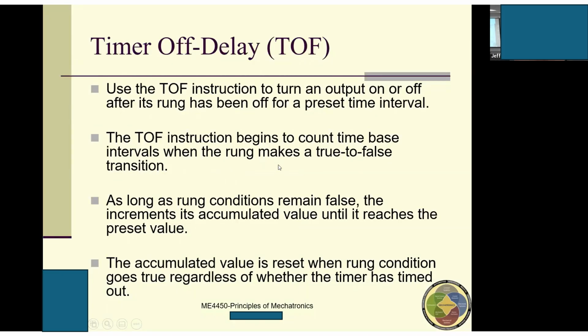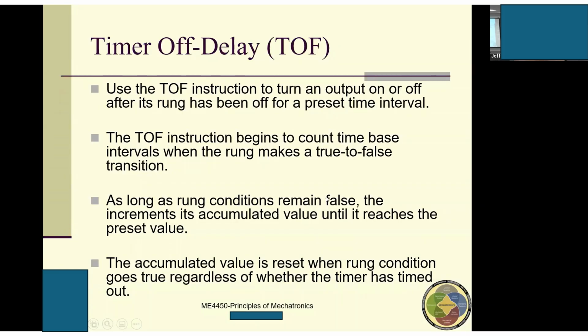It is a very good idea to memorize two different things, to know how they are different. If we know the difference between them, we can reinforce our understanding. TOF is triggered by the true to false transition, however, TON is triggered by the false to true transition, which is different.